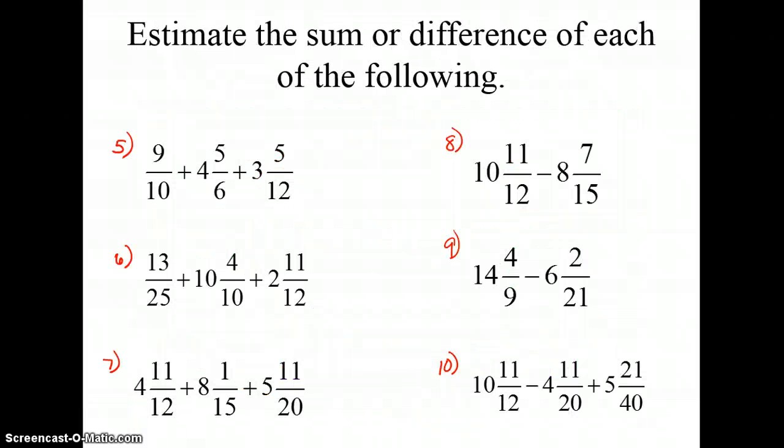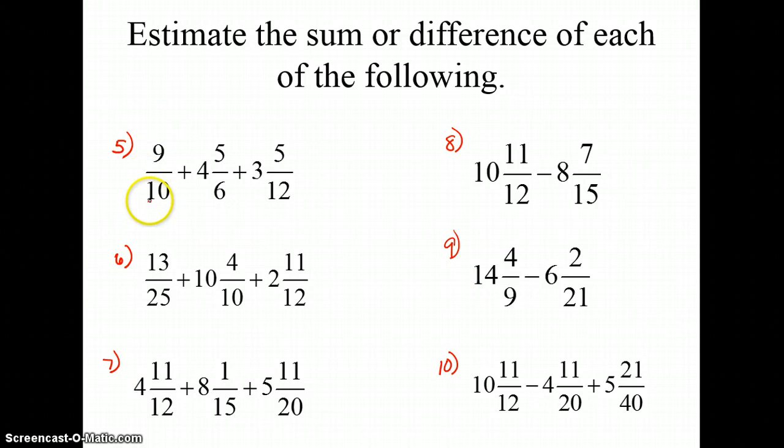Okay, now we're going to estimate the sum or difference of the following. I'm going to go through number 5 with you. You're going to look at each of these fractions or mixed numbers and ask yourself, is it closer to 0, 1/2, or 1? Then you're going to take whatever you round it to and add them together.